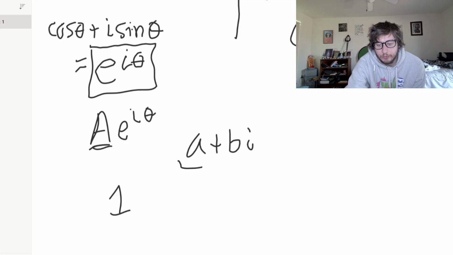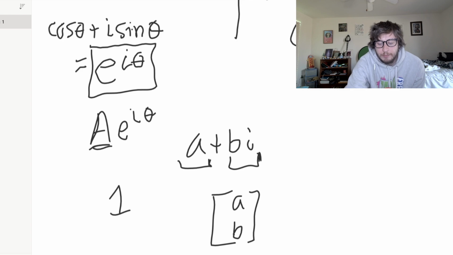There is the real component and the imaginary component. Now, another way of writing this would be a, b times 1, i. This is a matrix multiplication. So there's 1 and i, right?